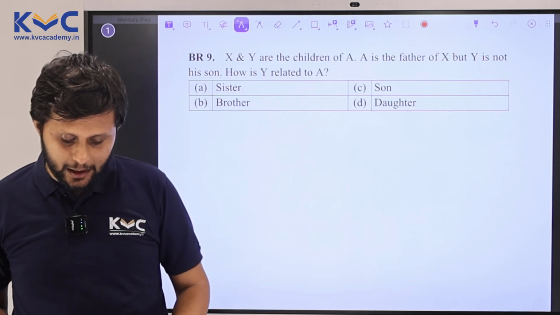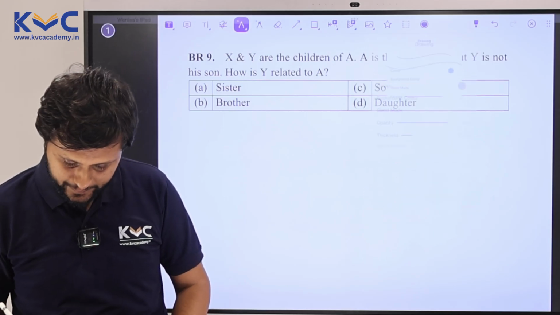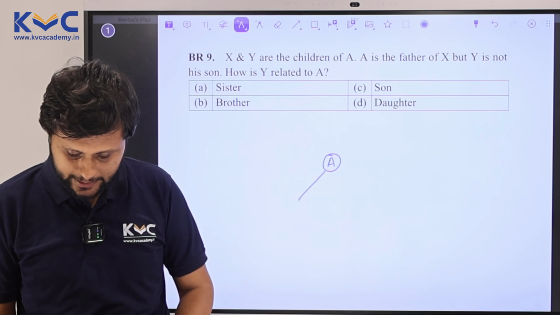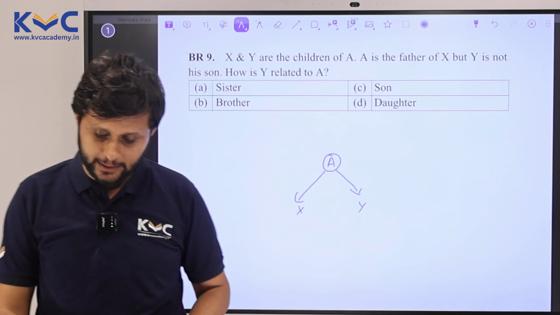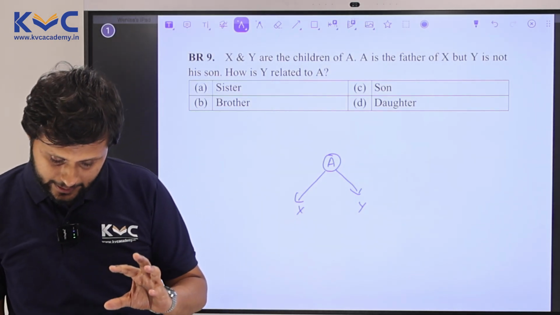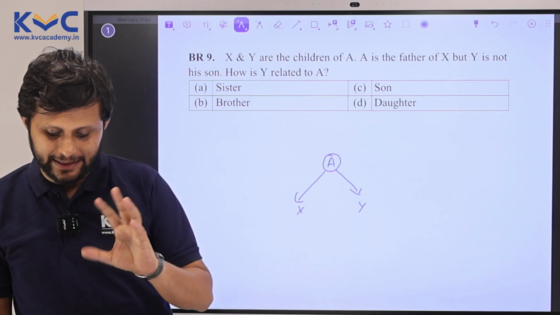X and Y are the children of A. Okay, something different this time. A is here. We have X. We have Y. Okay, 2 children are there. A is the father of X, but Y is not his son.